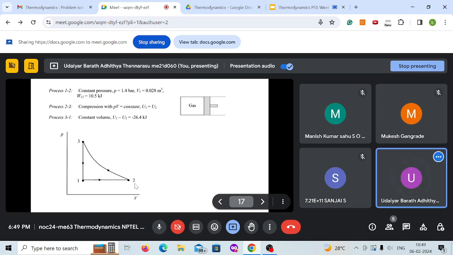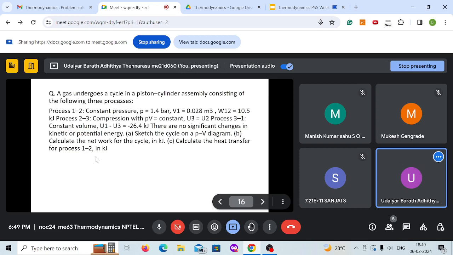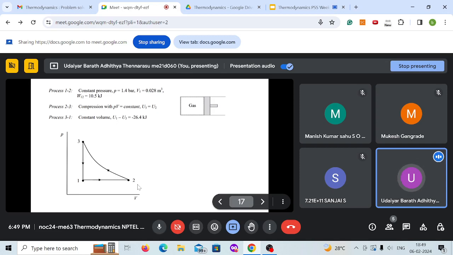Then from 2 to 3, it goes at constant temperature, an isothermal process, or U3 equals U2, a constant internal energy process. Then from 3 to 1, it's a constant volume process, and your change in internal energy is minus 26.4 kilojoules. So that's what is being listed here. We have plotted all three processes here, and now we have to find the net work of the cycle and then the heat transfer in process 1-2.